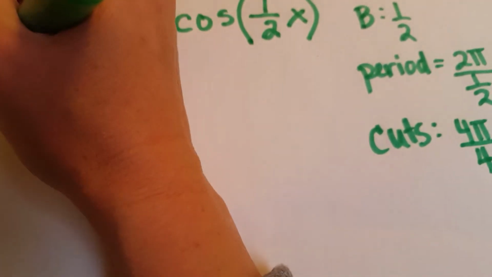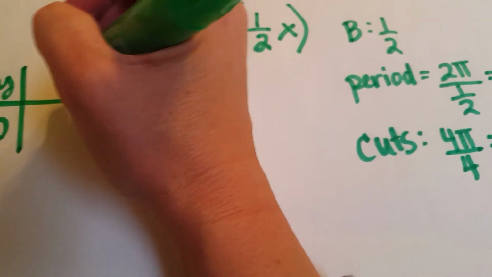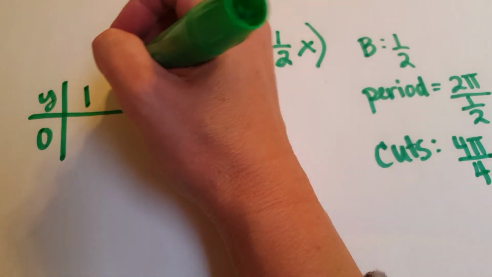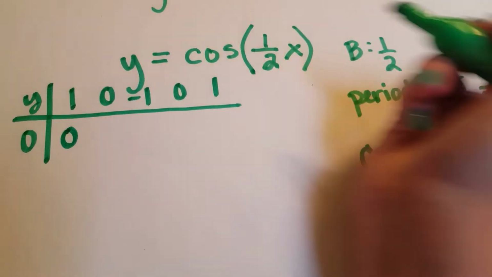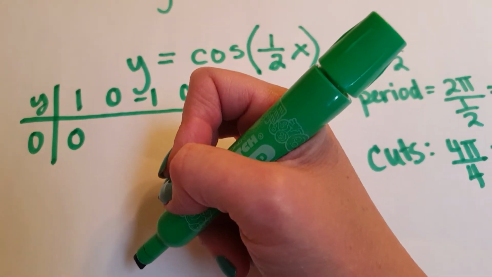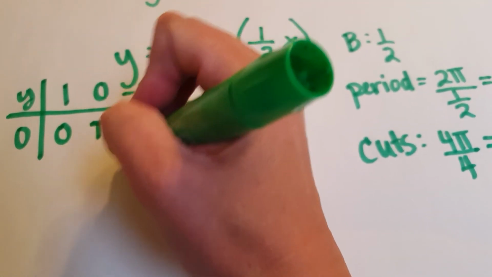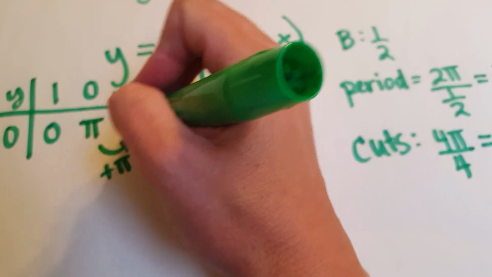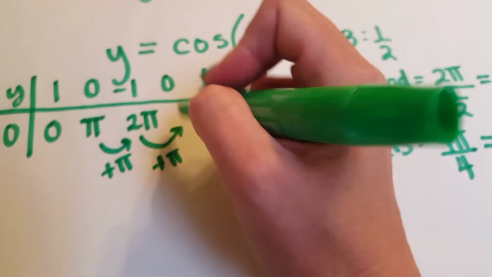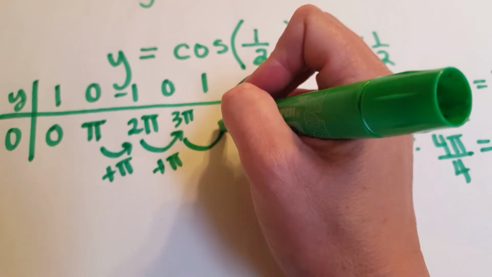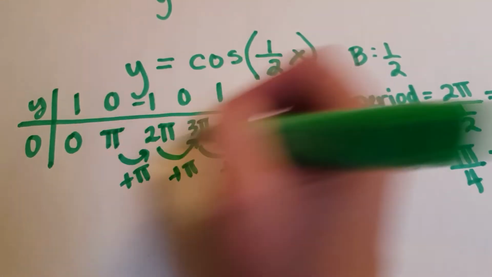So when I make my table for cosine, I always start with 1, 0, negative 1, 0, 1. 0 is where I'm starting in the x values, but I'm going to walk out now every pi. If I add another pi, I get 2 pi. If I add another pi, I get 3 pi. And if I add another pi, it's 4 pi. So those are the points I want to graph.